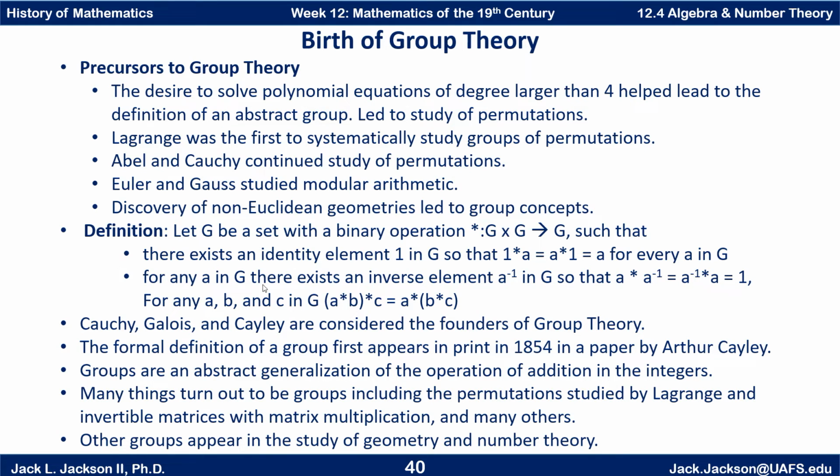And then finally, the third one is for any A, B, and C in G, A operate B in parentheses done first, then operate on C, is the same as taking B operate C and then doing A operate on that. That's the associative property. There's not, however, necessarily a commutative property. So these are properties that addition or multiplication have with natural numbers.